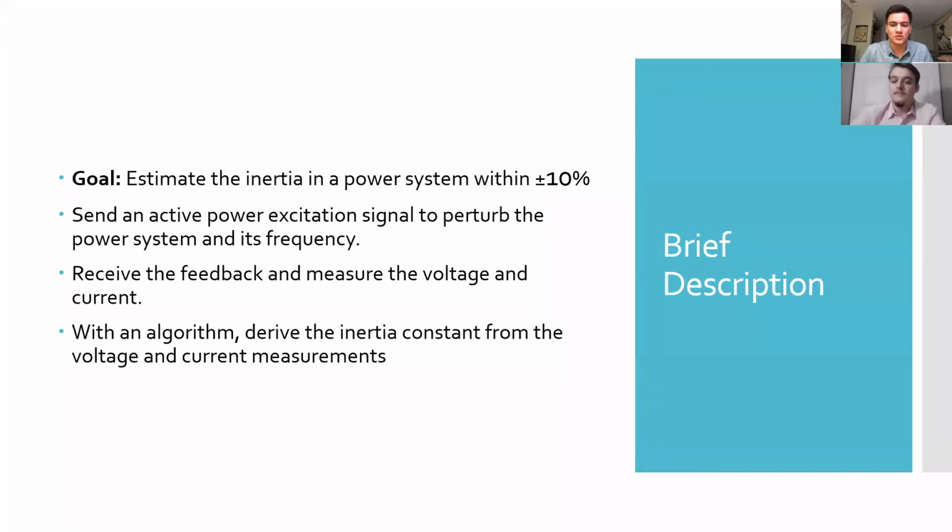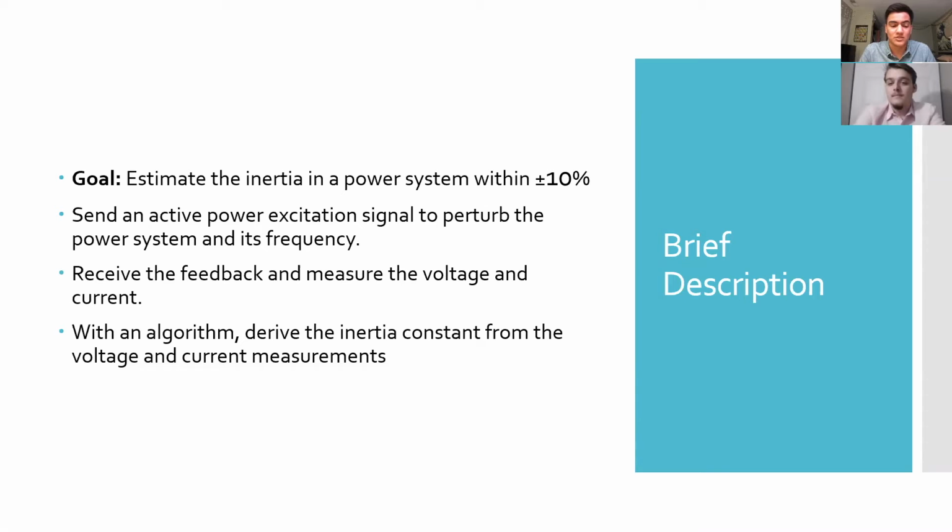So a little brief description about what we're going to be doing. Our goal for this project is to estimate this inertia constant in our power system within plus or minus 10%. We're going to be doing this by sending an active power signal into our power system, which is going to disrupt it and the frequency as well.